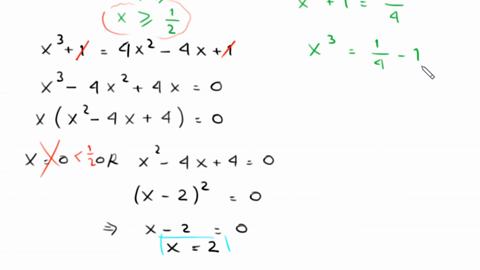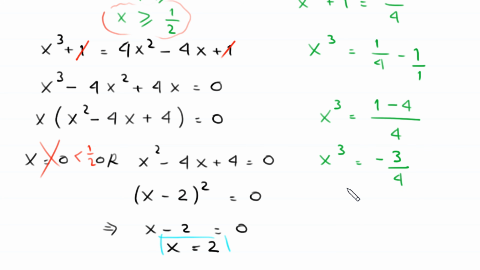Can write the denominator of this 1 and LCM of 4 and 1 is 4, and this 1 will come here. 4 divided by 1 is 4. 4 times negative 1 negative 4 equal to x cubed. X cubed is equal to negative 3 over 4.